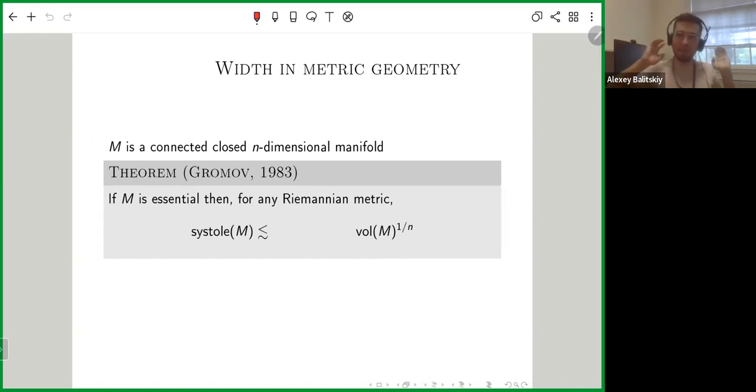So I'll be mostly talking about metric geometry. I'll say a few words about the questions I'm interested in, and you can tell me if any of them resonate with you as well.